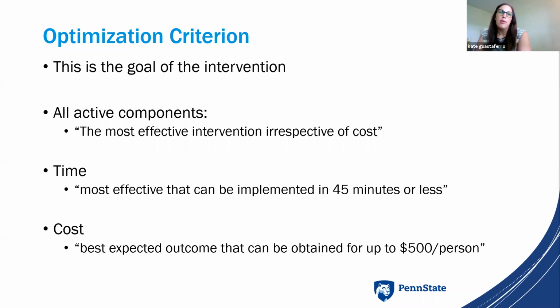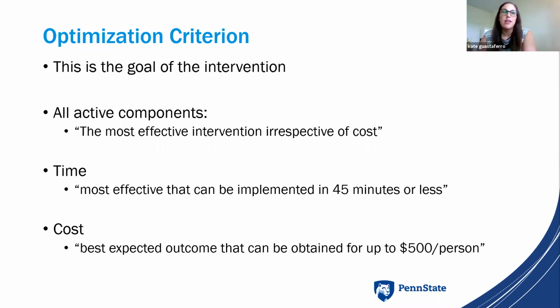You might be able to consider optimization criterions that take into account time. So if you know that your provider, in the real world, only has 45 minutes to deliver an intervention to someone, well, that becomes a constraint. And so your optimization criterion then is the most effective intervention that can be implemented in 45 minutes or less.